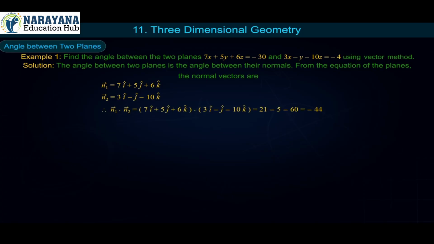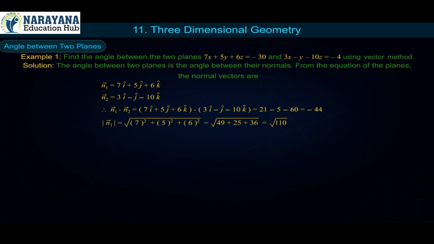Therefore, vector n1 · vector n2 = (7i cap + 5j cap + 6k cap) · (3i cap - j cap - 10k cap) = 21 - 5 - 60 = -44.